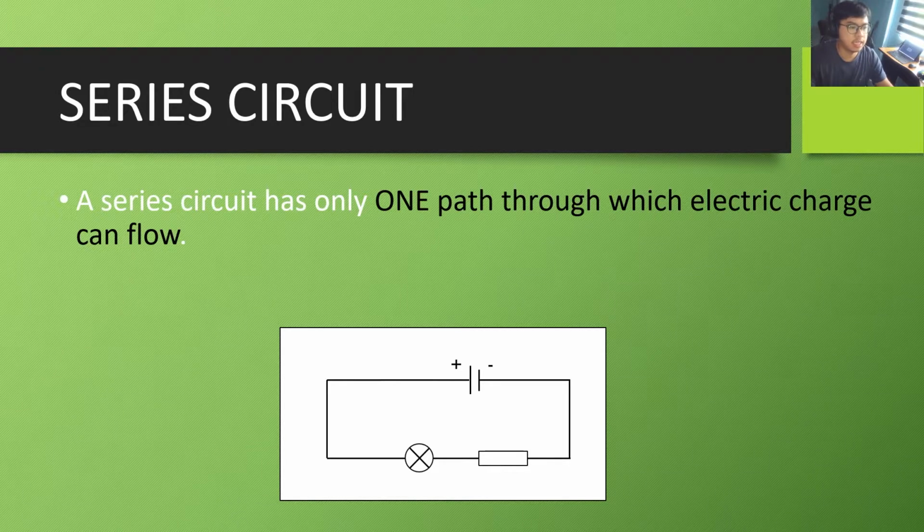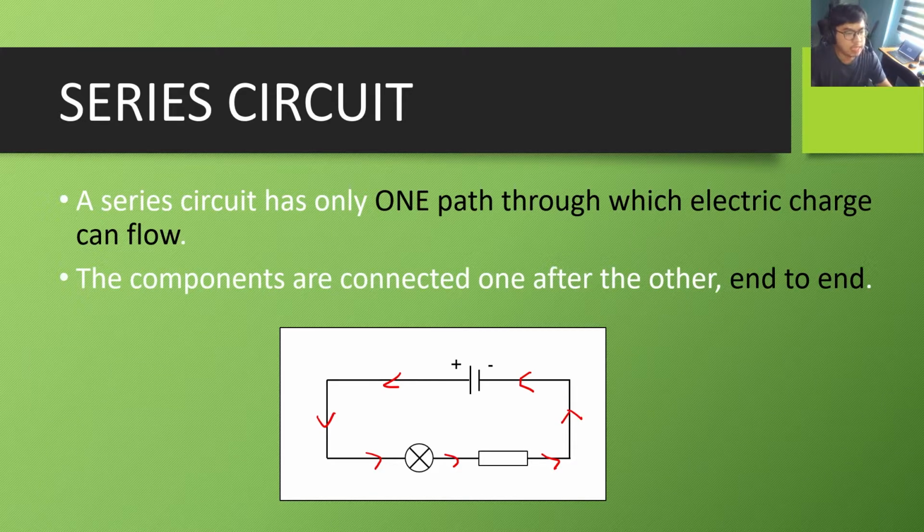Now, what is a series connection, or what is a series circuit? A series circuit has only one path through which the electric charge or the current can flow. As you can see in this diagram, the current flows only through one path, so the current doesn't split up. The components are connected one after the other.